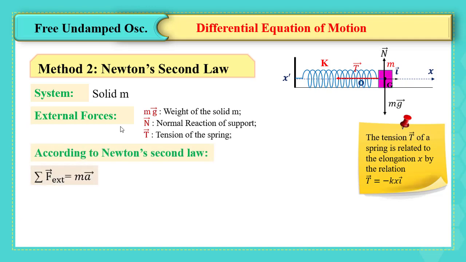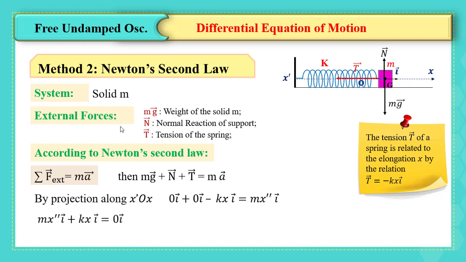Then, according to Newton's second law, the sum of external forces acting on the solid equals m a vector. Then it is written as m g vector plus N vector plus T vector equals m a vector. By projecting along x' or x, we get kx plus m x double prime equals 0.